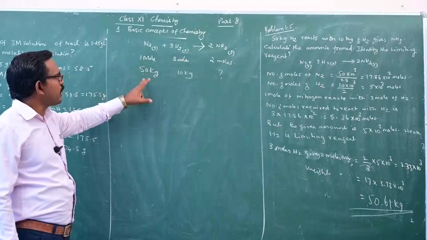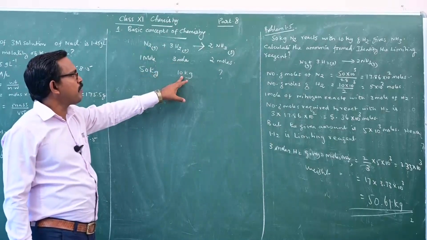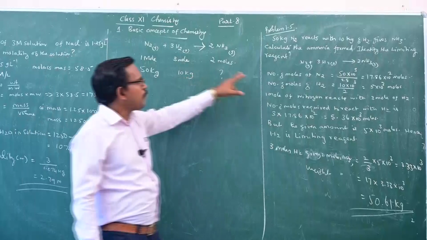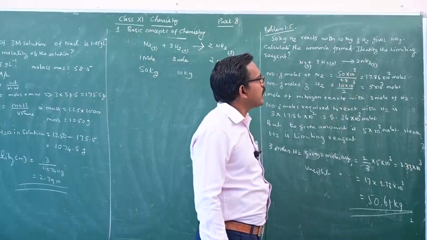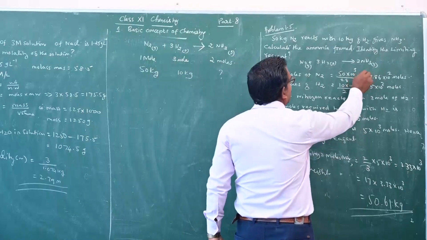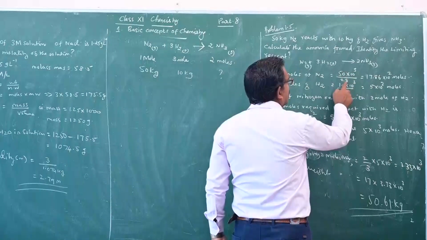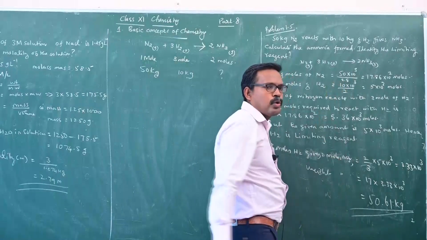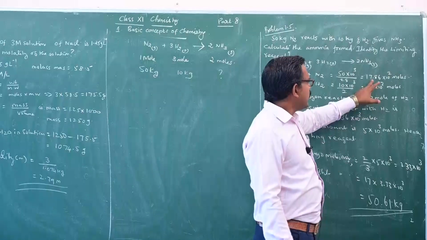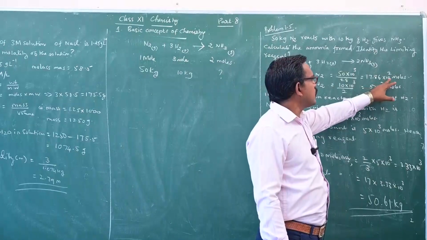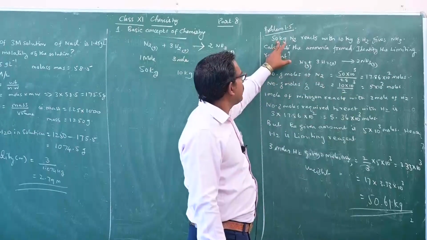First, find the number of moles of nitrogen and the number of moles of hydrogen. Number of moles of nitrogen is equal to 50 into 10 to the power 3 gram, divided by 28, where 28 is the molar mass of nitrogen. That is 17.86 into 10 to the power 2 moles of nitrogen present in 50 kilogram.